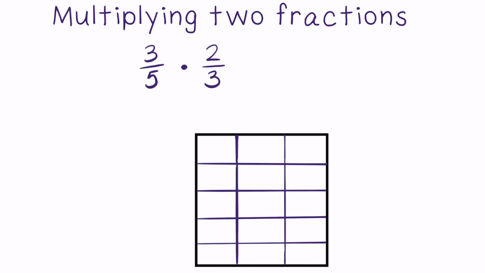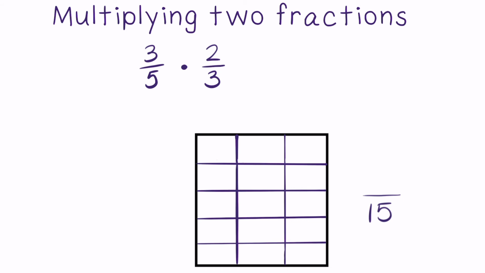As you can see, we've broken the whole into 1, 2, 3 equal parts vertically, and 1, 2, 3, 4, 5 equal parts horizontally. Before we do anything else, we can identify that this whole has now been broken up into 15 equal parts. So we know that will be the denominator of our answer.